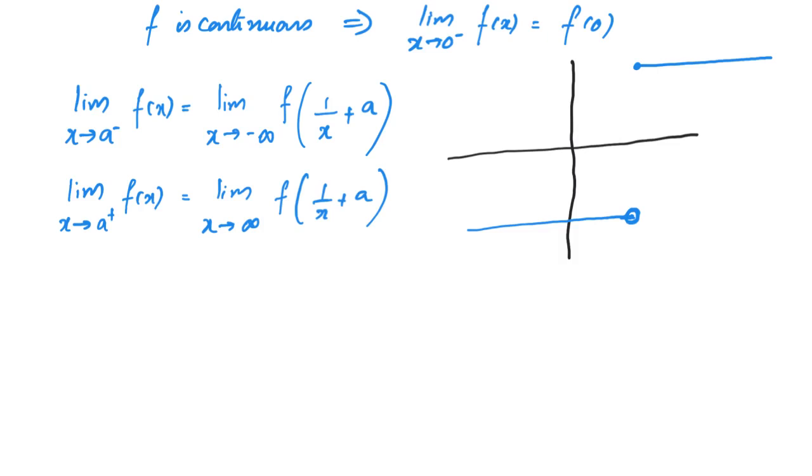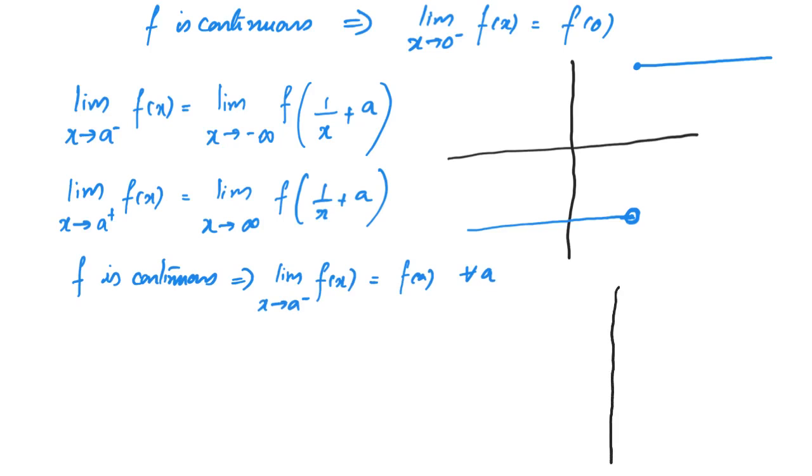So this is how we define the value of f as x approaches a from the left hand side and from the right hand side. And we saw that if f is continuous at all points, then this implies that limit x tends to a minus of f of x is equal to f of a for all a.